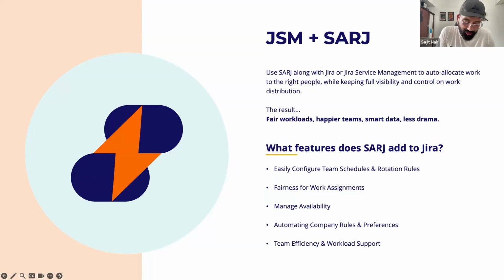That kind of a model. So Sarge brings that fairness into work assignments for your teams as well. And in turn, you are able to have more time, or more flexibility, to do the things that matter rather than wait for a task to be assigned.